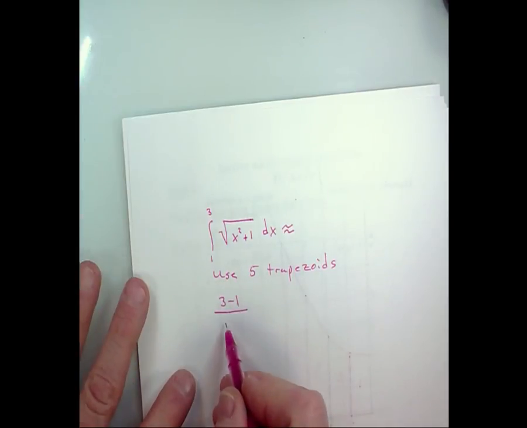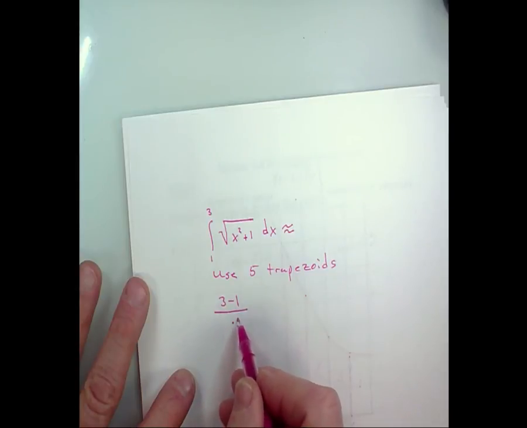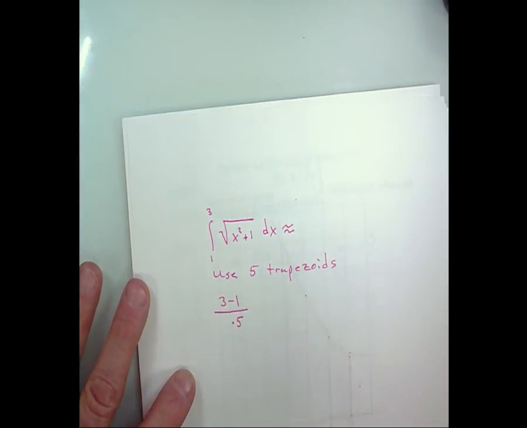What am I going to have down here? 5. Something times 5. I would agree each of those are 2/5, but because it's a trapezoid and I have to divide by 2, what else is down here? 2. Okay?